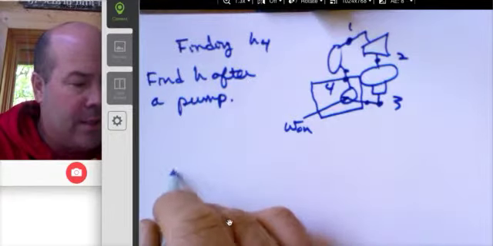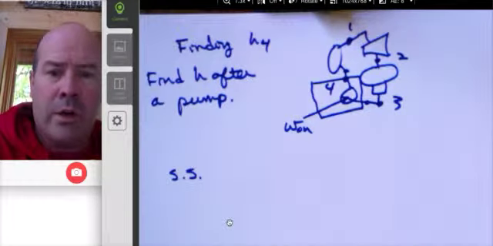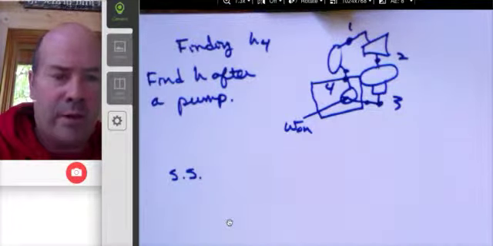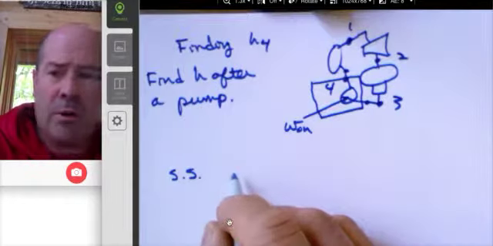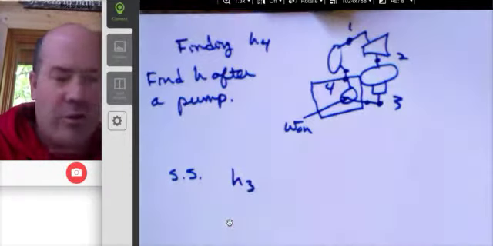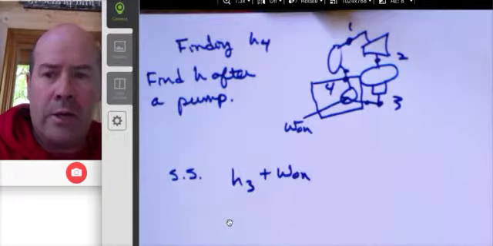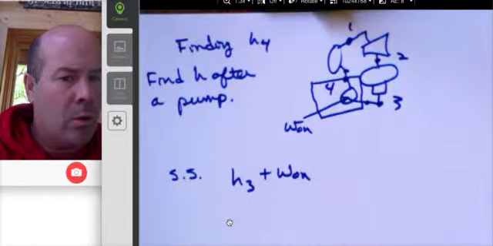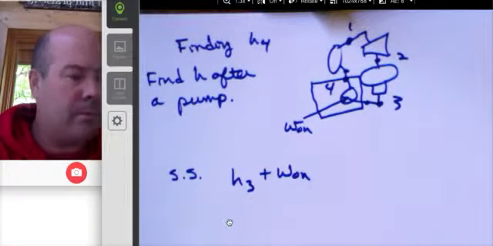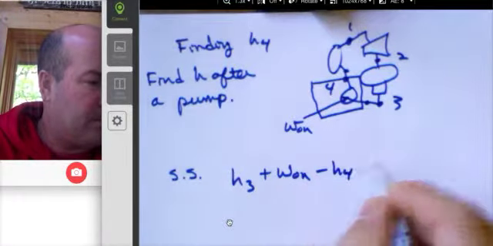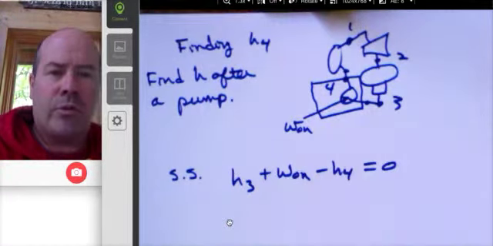This is in steady state, so I don't need to worry about any initial or final energy. All I need to worry about is what comes in, H3, what comes on, work on, any energy out, nope. Does anything leave? Yep, H4. So there's the first law analysis.